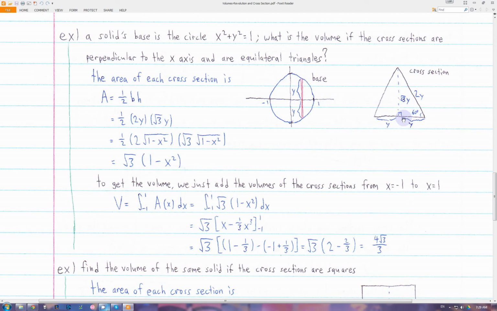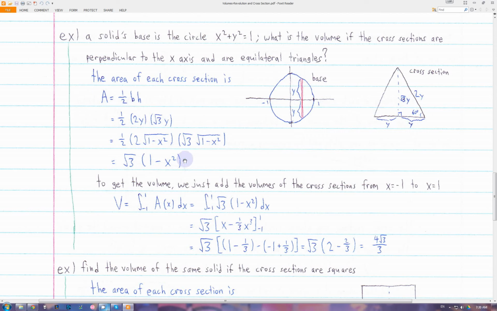The base of each cross-section is 2y, and the height is square root of 3 times y. Plugging in the square root of 1 minus x squared for y, we get that the cross-sectional area of each of these triangles is square root 3 times 1 minus x squared.